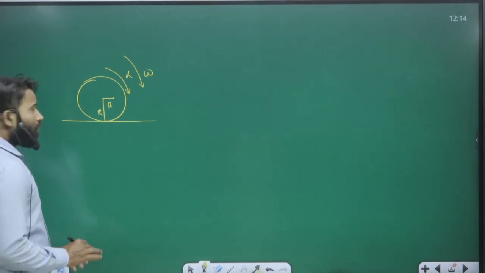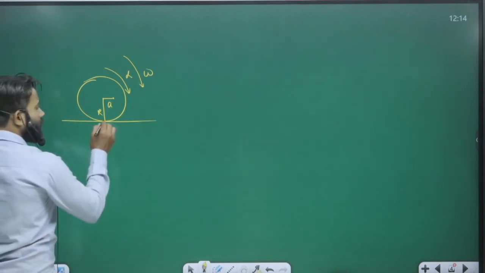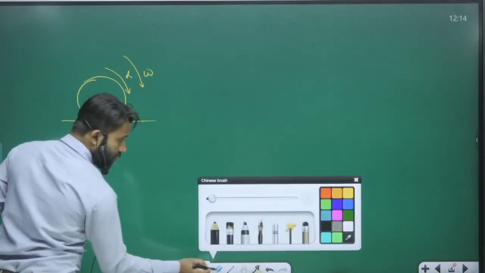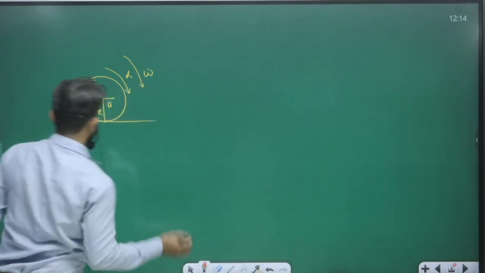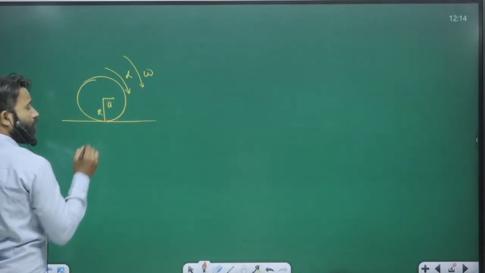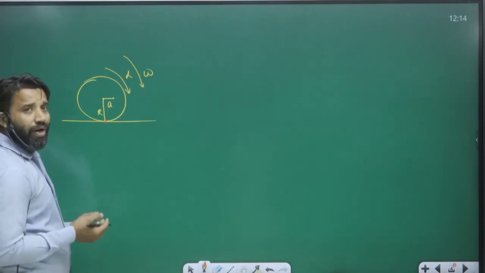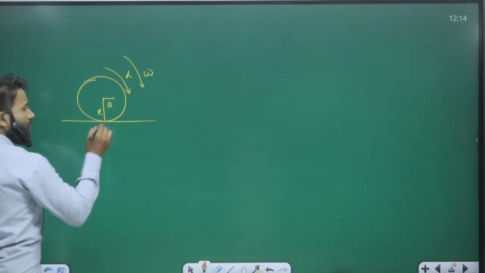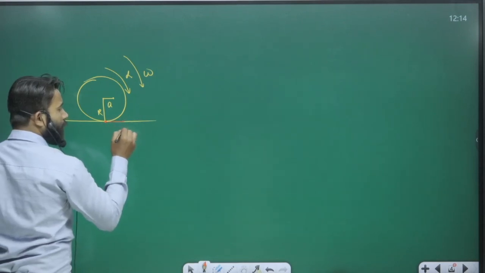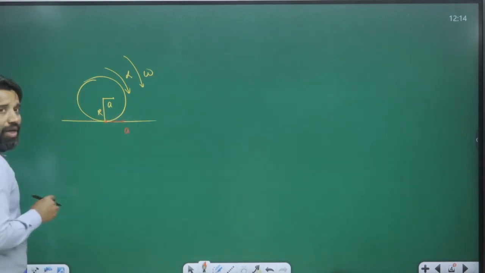Now, for any point, say this point, if we try to find the acceleration, due to the acceleration of center of mass, it will have an acceleration a in the forward direction.